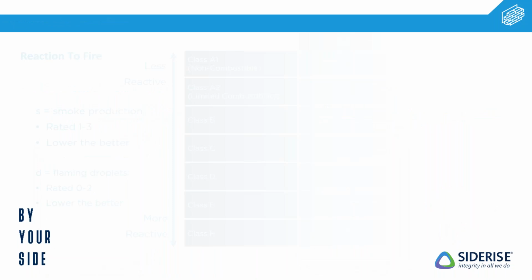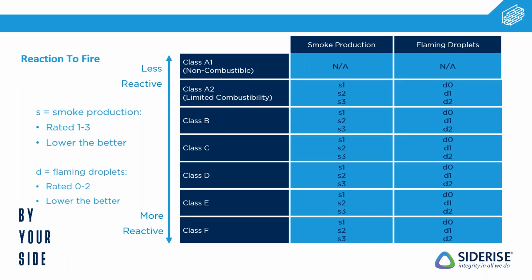With regards to reaction to fire, as I say, it's broken down into many different categories. This is done through certain standards to what's called the Euroclass system. With the Euroclass system, you have a class letter, and that ranges from A to F. A actually splits into A1 and A2.